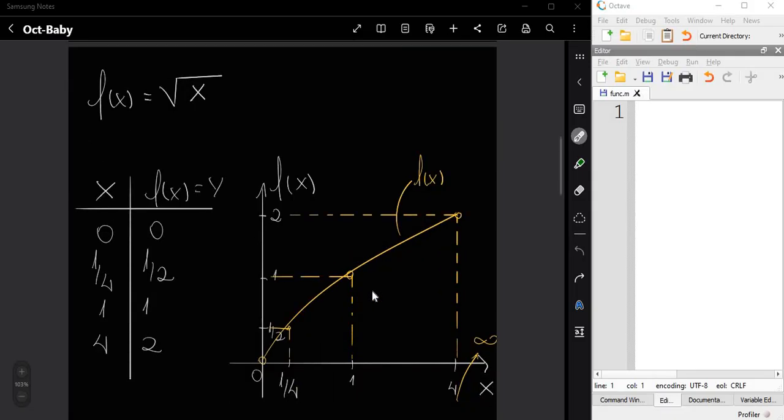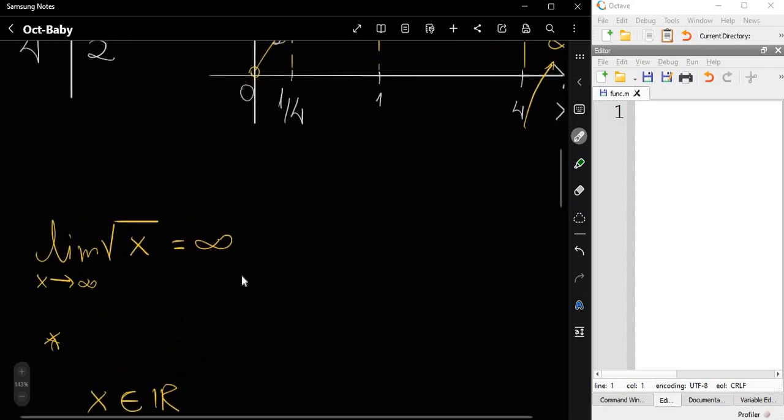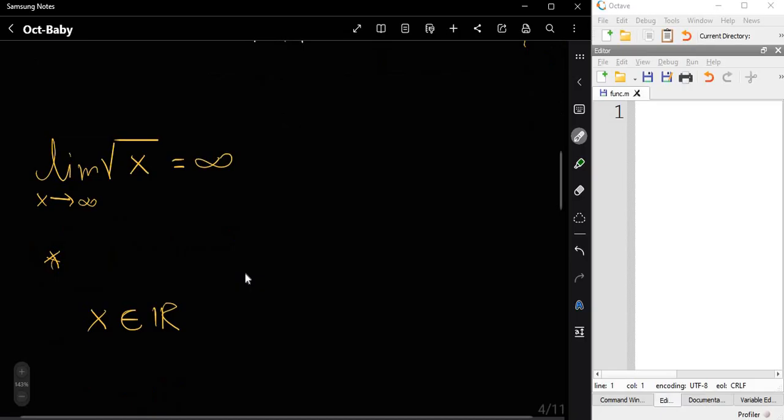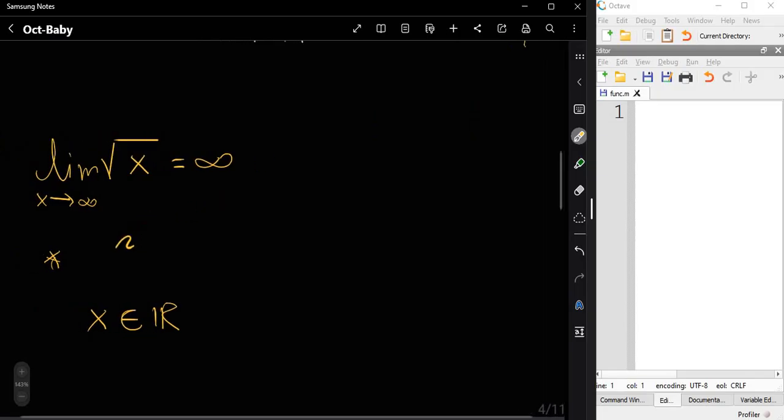And on the last video, we were discussing this function, square root of x. And right here, actually, I committed a mistake. As we are making x approach infinity, and the function assumes this infinite value, actually it is diverging, not converging.